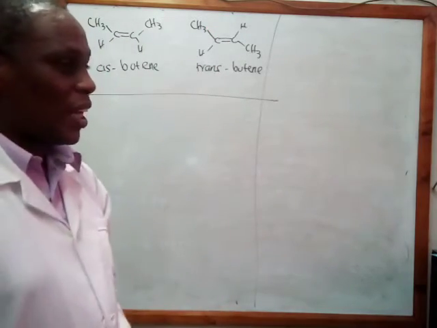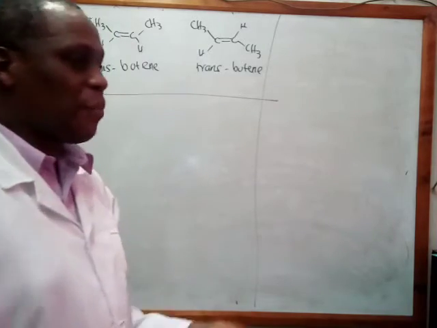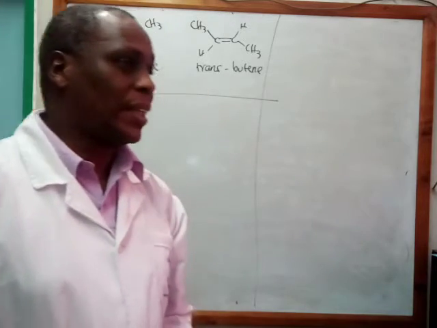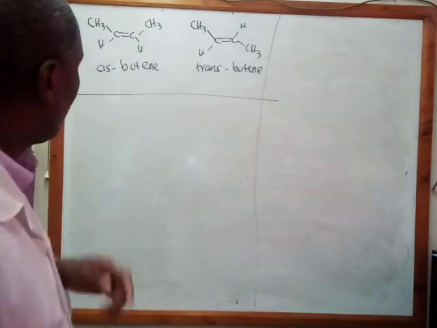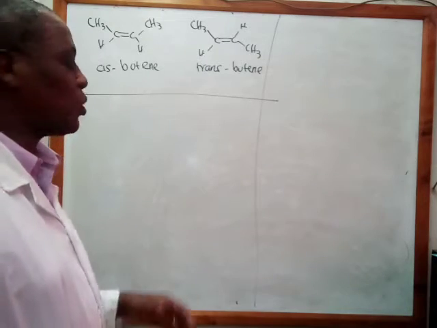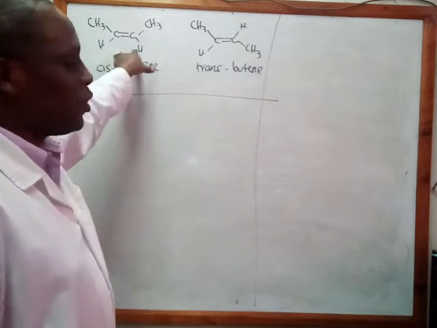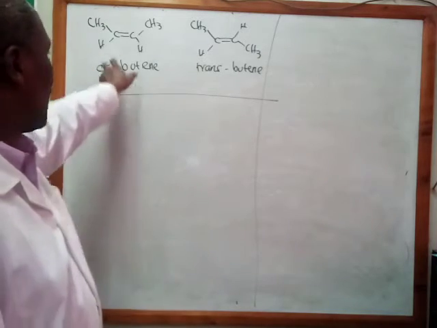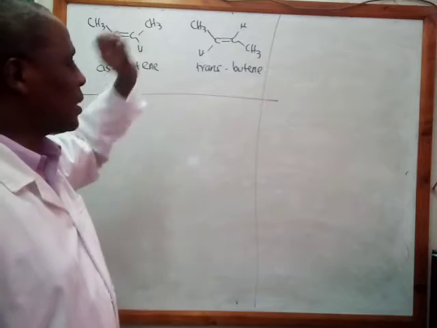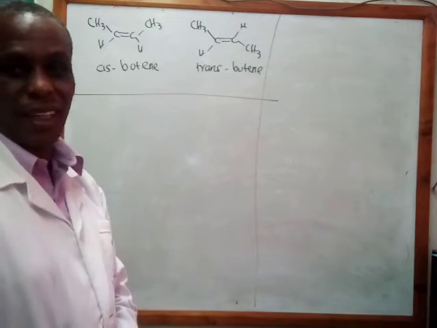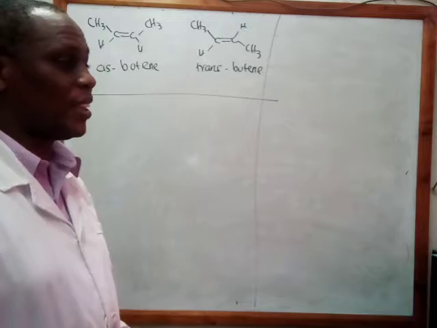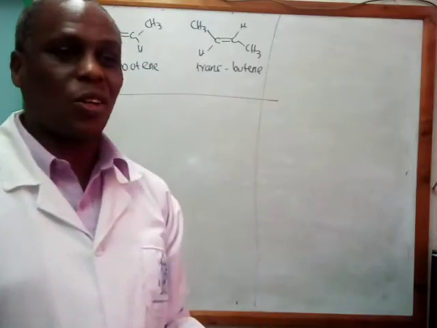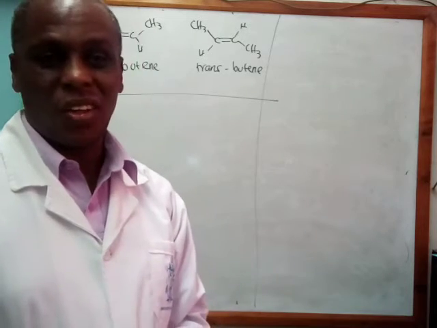As I mentioned in the previous video, biologically the alkenes that are found in nature mostly contain hydrogens on the double bond, most of them on the same side, some across. Later we'll see how the hydrogens being on the same side or across affects biological activity.